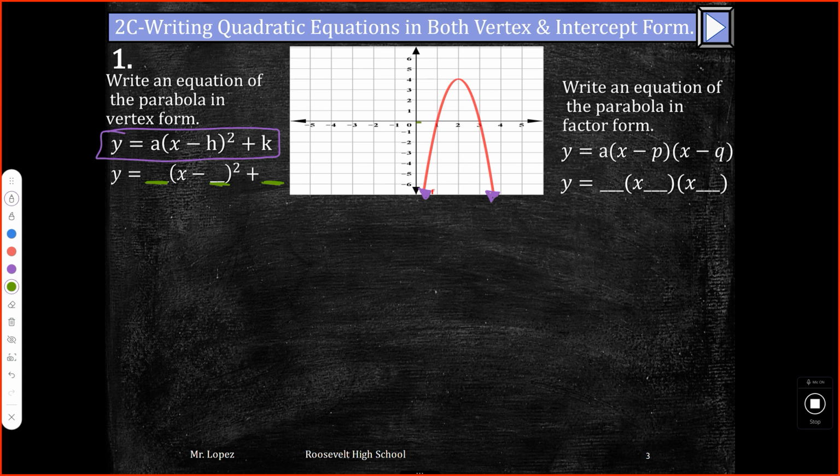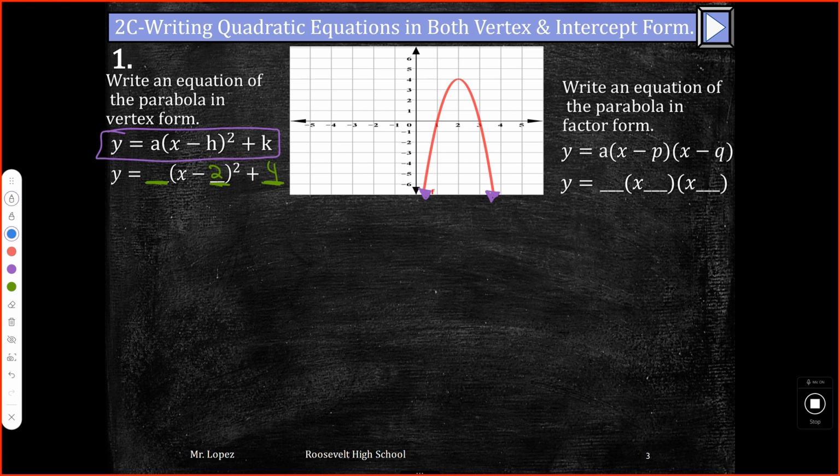So the parent function was shifted to the right 2, so that is going to be a(x minus 2) squared. Then it got shifted up 4, so put a plus 4 there. Hopefully we can get the a value.